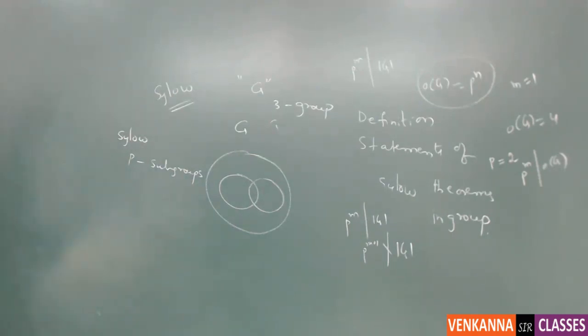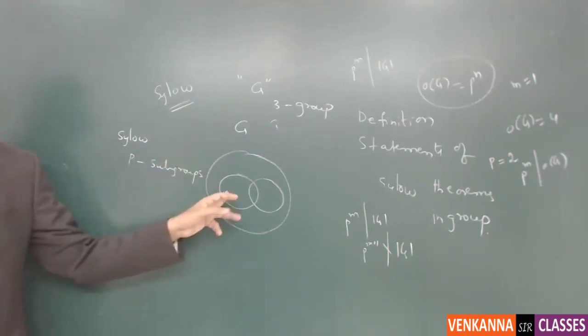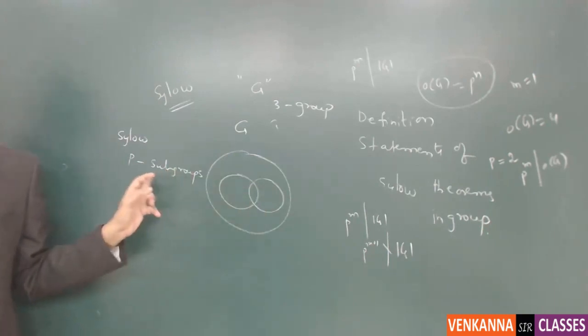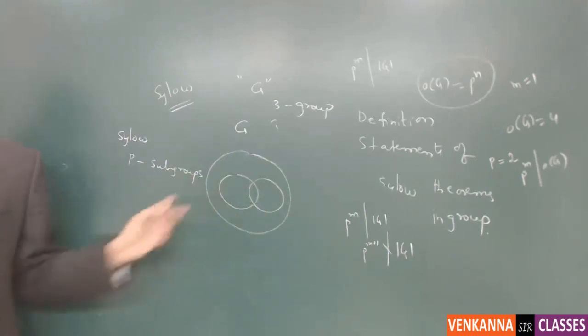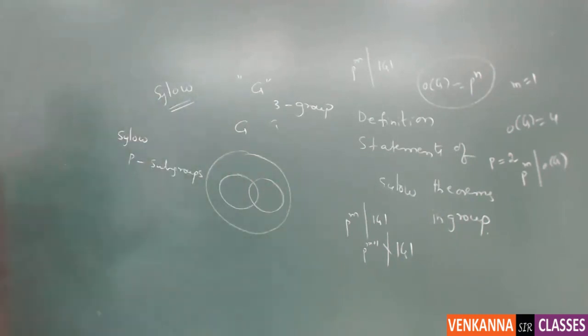Now, if you take a group G and you have two Sylow P subgroups, then the relation between them is that they are conjugate. So what is meant by conjugate?